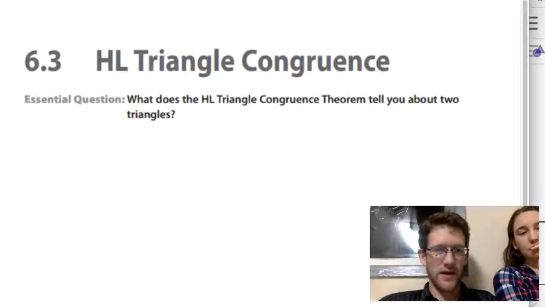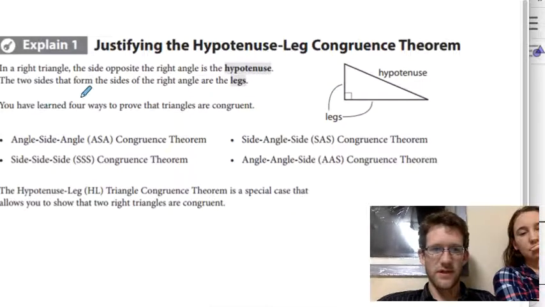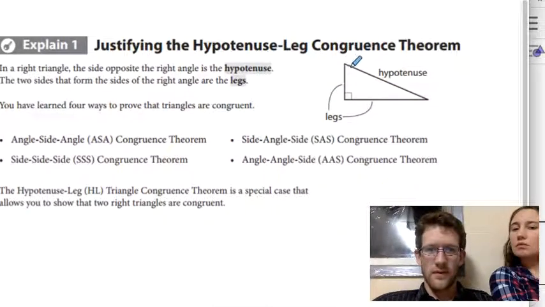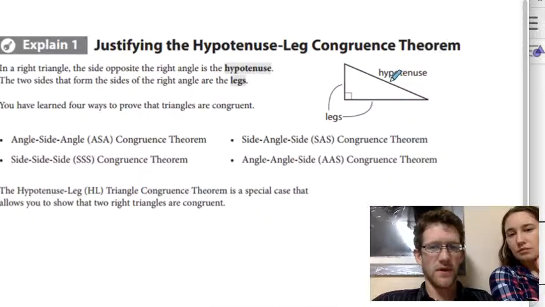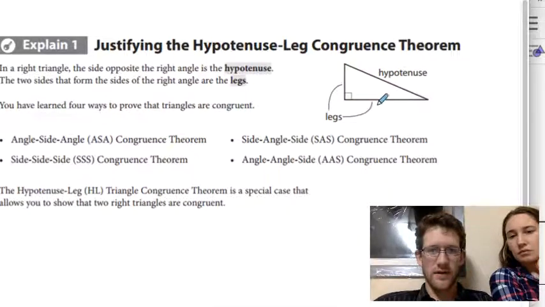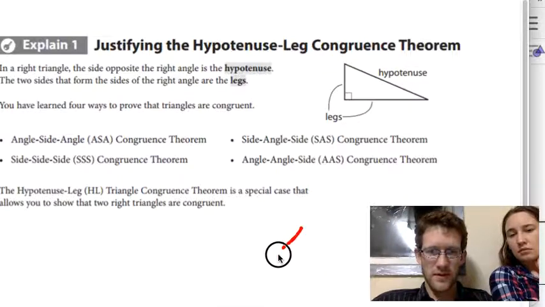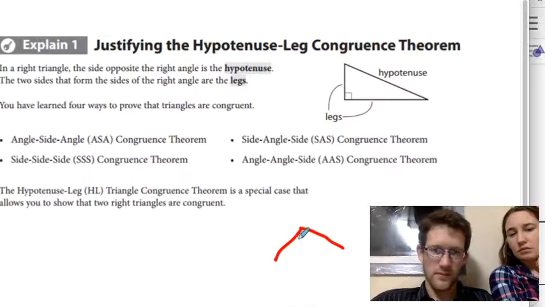And the reason why we're calling it hypotenuse leg is because we just need to go over some definitions here. In a right triangle, the side that is opposite the 90-degree angle is called the hypotenuse, and the two other sides are the legs. The way I always remember that is I like to draw a little person. So here's my right triangle, more or less.